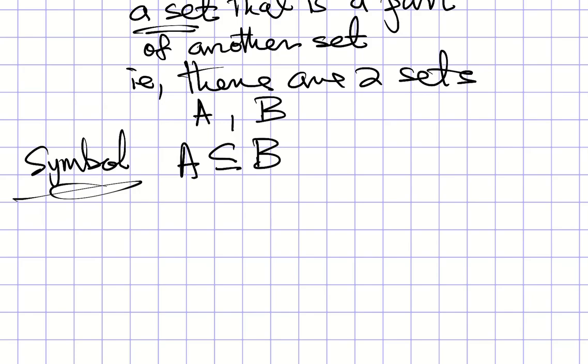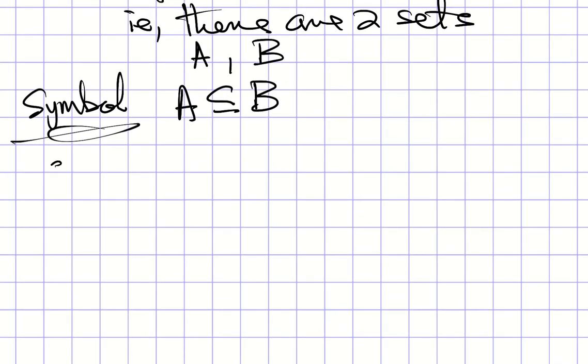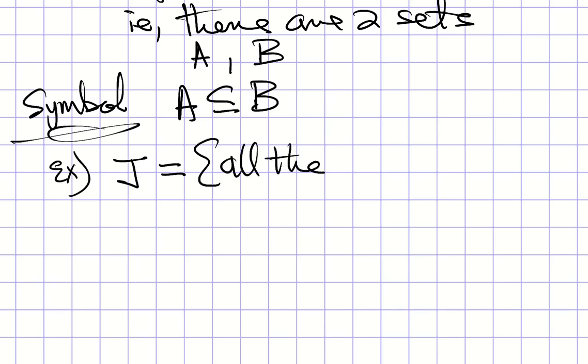Okay, so let me give you an example. Example will help you understand. Let's say we have this set, call it J. J consists of all the states in USA.